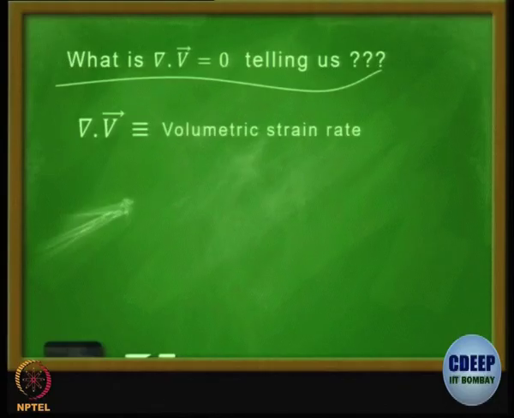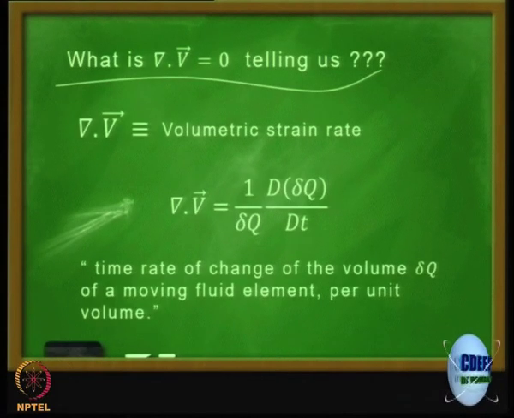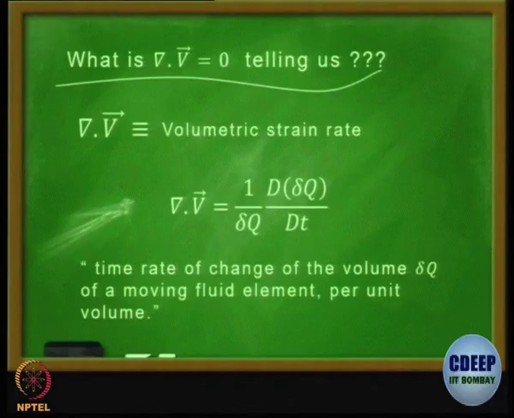What it means is the volumetric strain rate, that means the time rate of change of the volume of a moving fluid element per unit volume, is 0. When you say time rate of change, it means change with time.